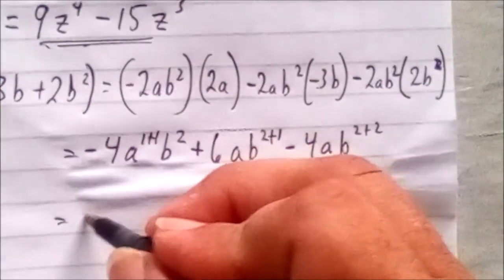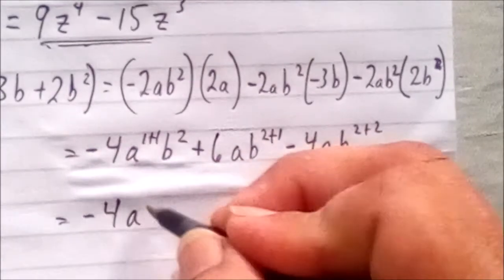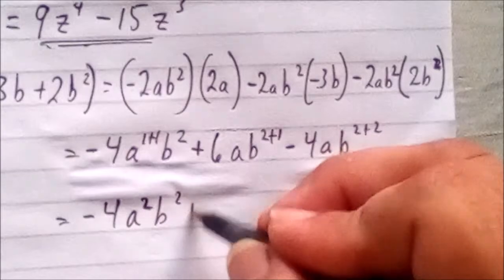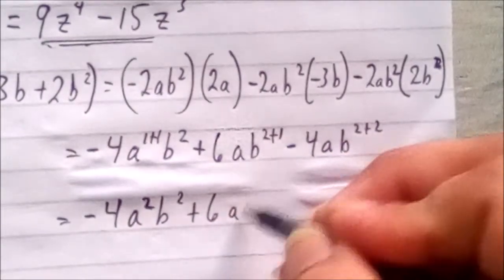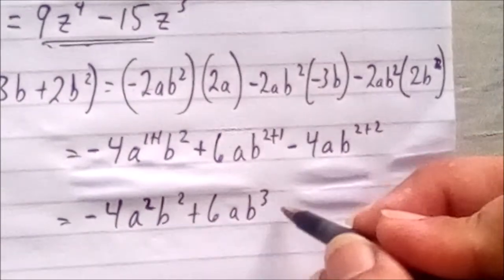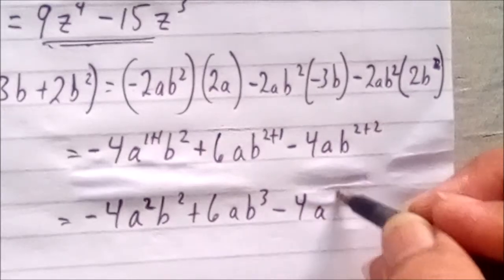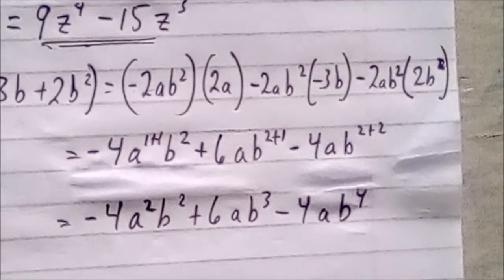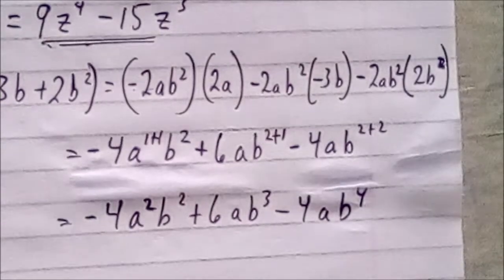So now we bring down the next step, negative 4a squared b squared, okay, plus 6ab third minus 4ab fourth. Okay, and that will be our solution for that particular problem there.